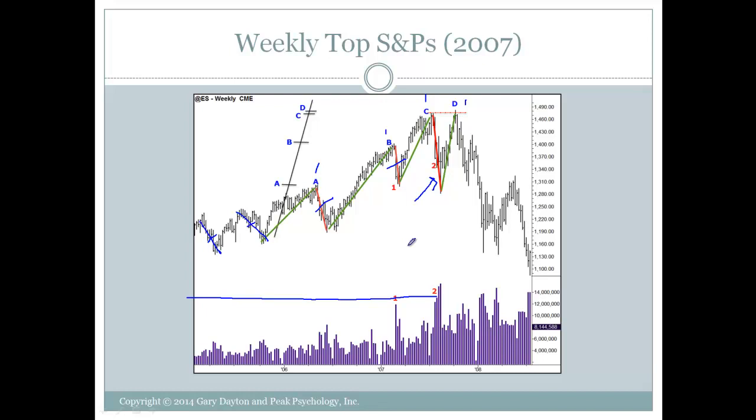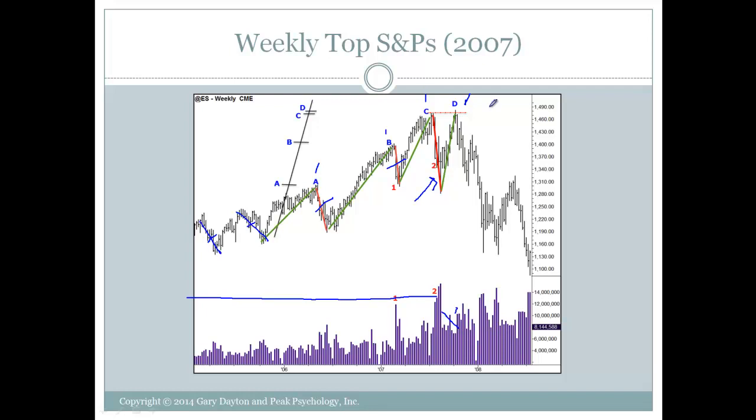Okay? And this set up the upthrust in here, where we come back up and notice that the volume diminishes on the shortening of the thrust up here. And that upthrusts, and as we're going to see also on bottoms, springs are in their own right signs of weakness and signs of strength respectively. So an upthrust is a sign of weakness.